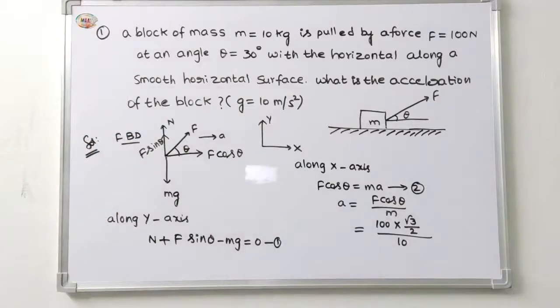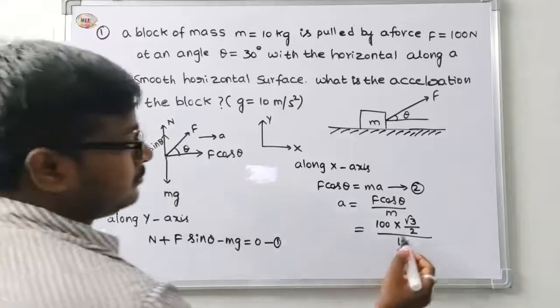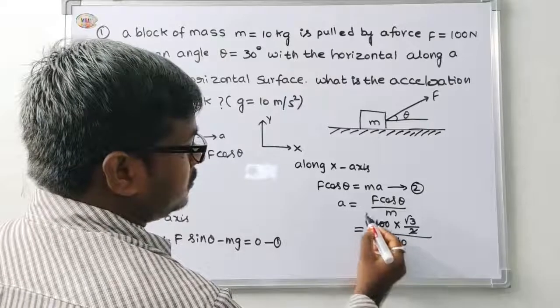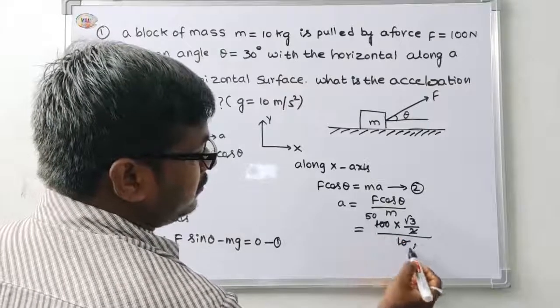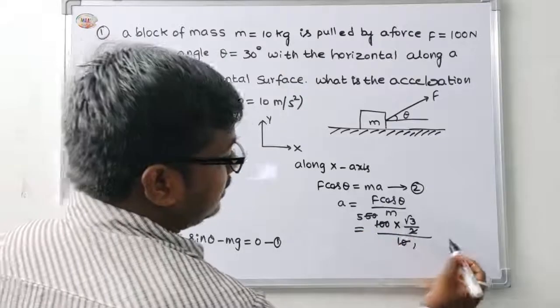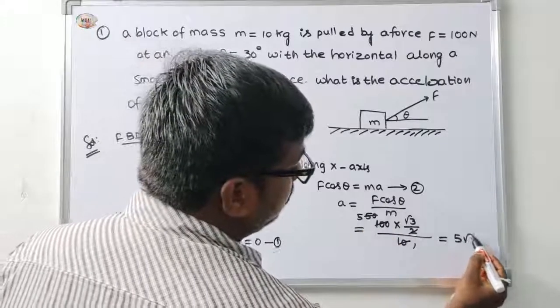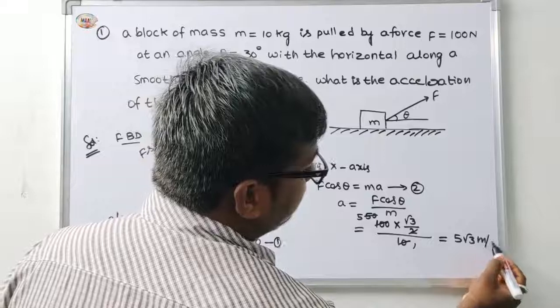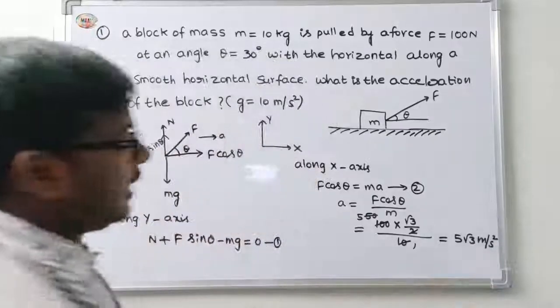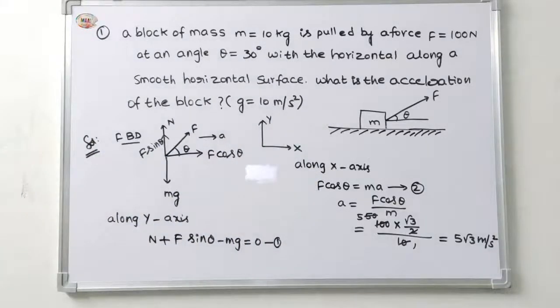That gives 50 root 3 divided by 10, which is 5 root 3. The acceleration is equal to 5 root 3 meter per second square.